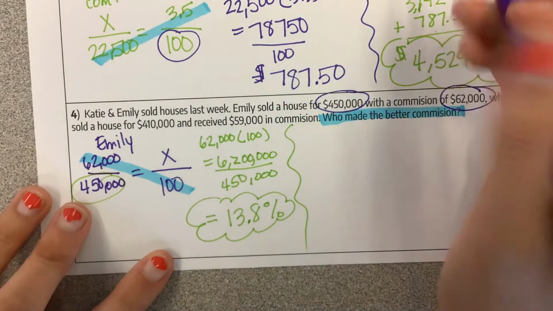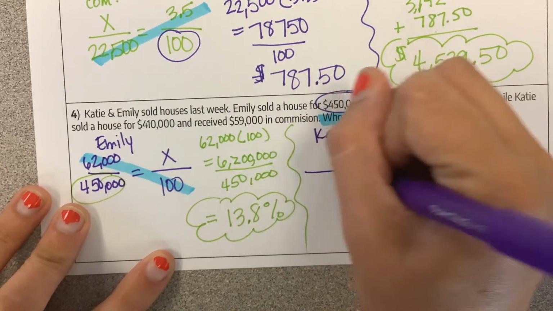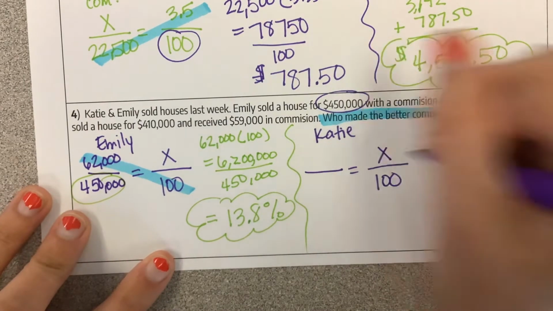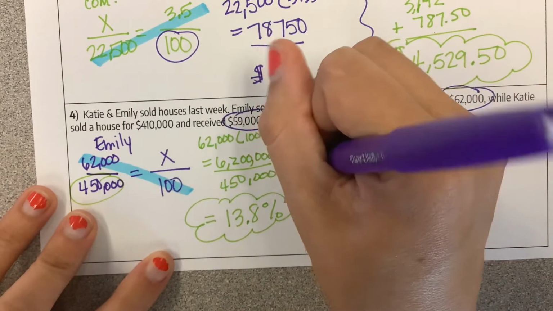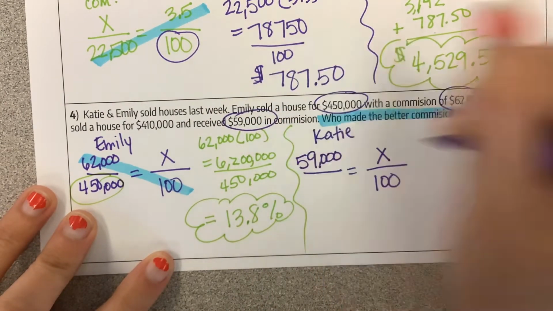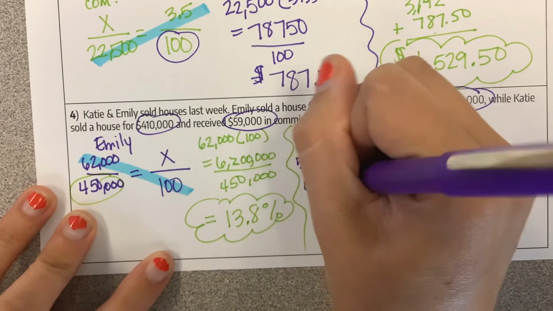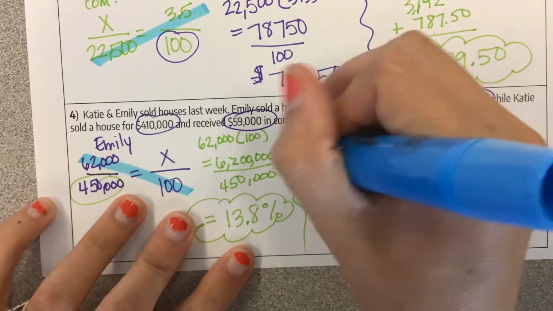Let's calculate Katie's. So we don't know the percentage, that's what we're solving for. We know that the commission amount she received was $59,000, and that the house that she sold on that was $410,000. So let's go ahead and solve.